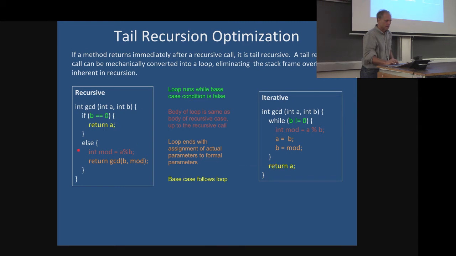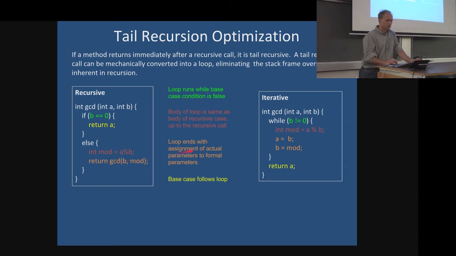Then we take all the stuff in the else part, the recursive part, that isn't the recursive call, and copy it into the while loop. And then the last thing we do is we replace the recursive call with an assignment to the parameters of GCD. So we're calling GCD with B as the first parameter and mod as the second parameter.